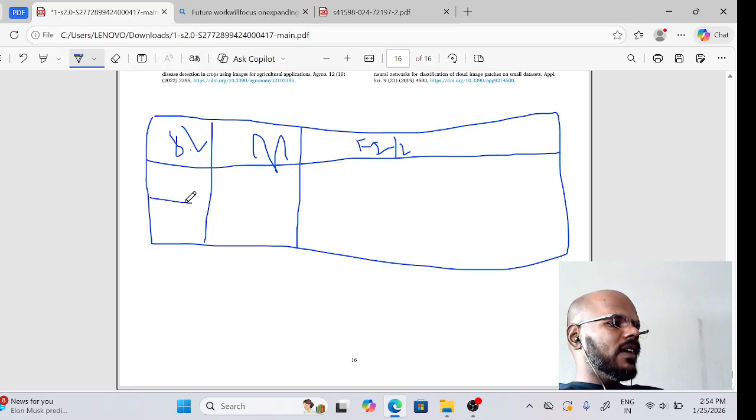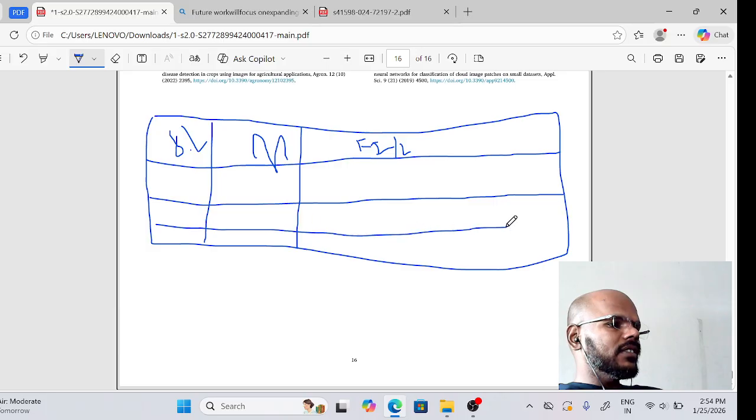In the serial number column you write 1, 2, 3, and in the methodology column methodology 1, 2, 3, something like that.